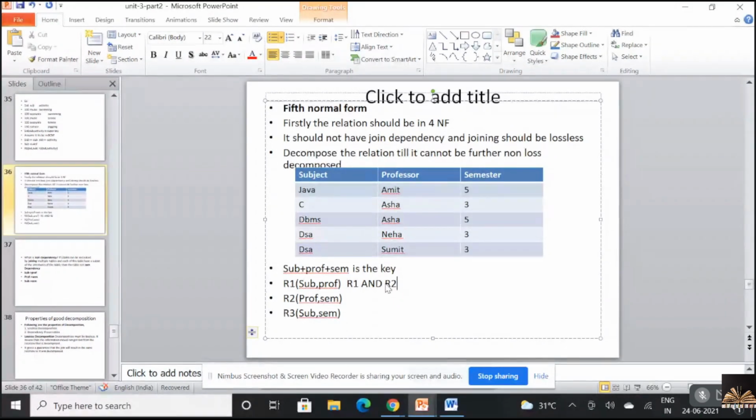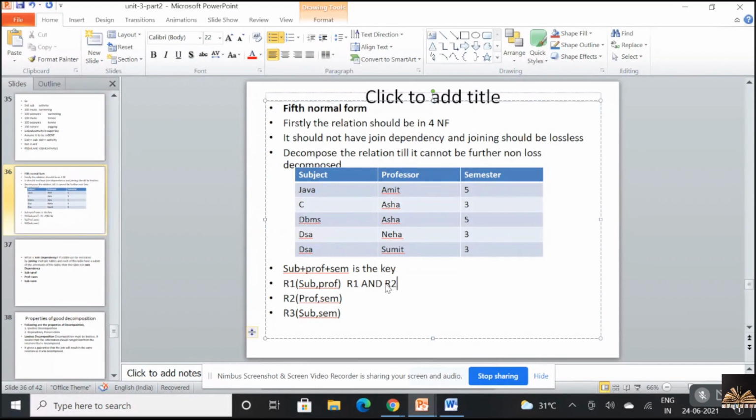Okay, can I join these two things now? Firstly, I've broken the table because it could be further decomposed, and I'm assuming that particular thing is in 5NF. Now, it will be in 5NF when I do not have any loss of information with respect to the original table.